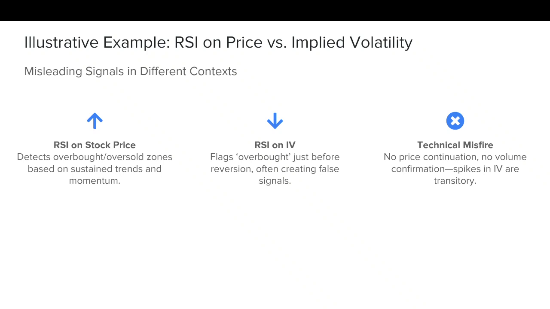Regime switching models can identify volatility shifts, while GARCH family models handle persistence and volatility clustering in transformed series. Moreover, since IV is a surface across strikes and maturities, models must be cross-sectional and sensitive to structural shifts, including event-driven volatility shocks. So if you use RSI on stock price, it will be a totally misleading signal.